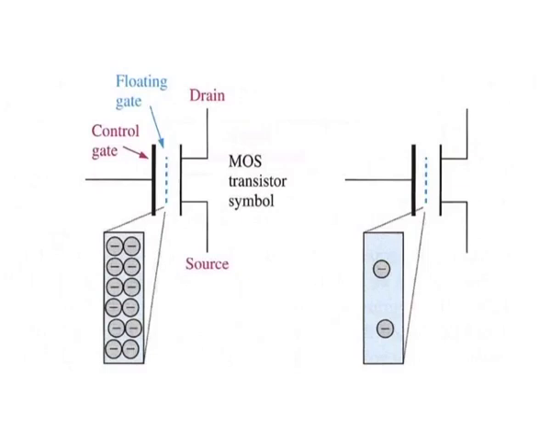A 0 is stored when there is more charge and a 1 is stored when there is less or no charge. The amount of charge present on the floating gate determines if the transistor will turn on and conduct current from the drain to source when a control voltage is applied during a read operation.